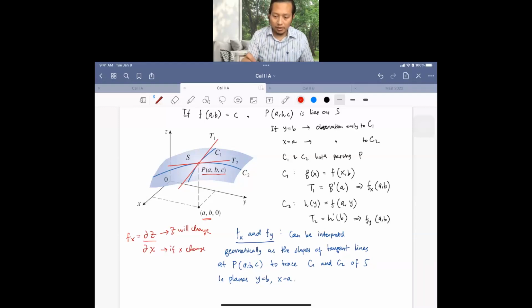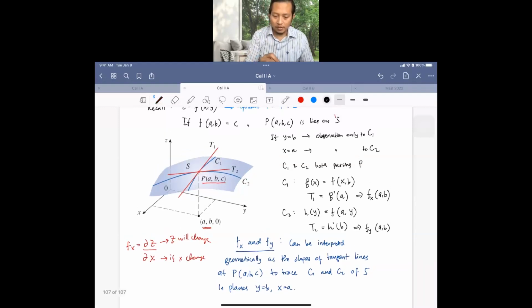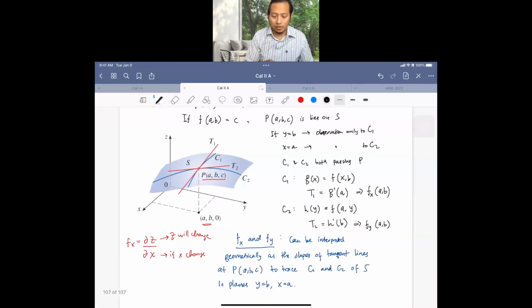Okay, let me give you an example to get a better understanding of what the partial derivatives mean from a geometric perspective.